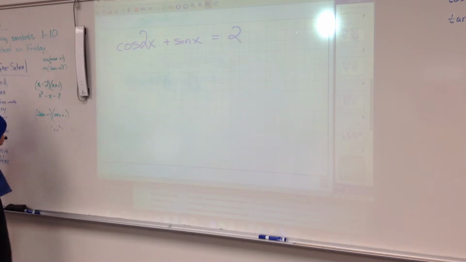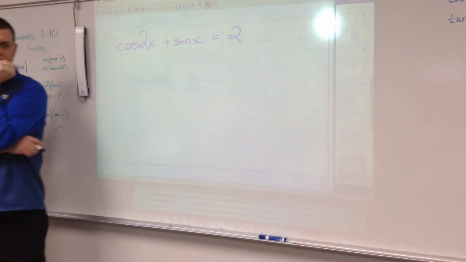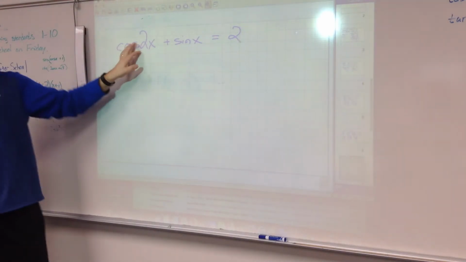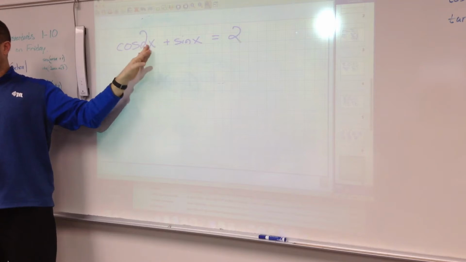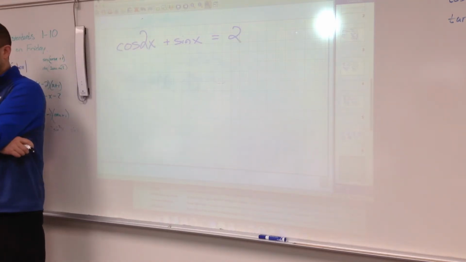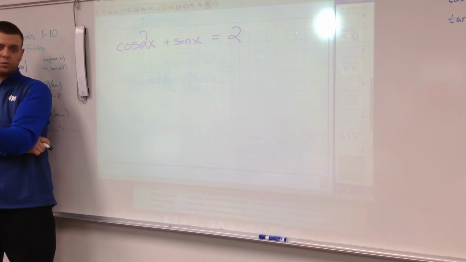This is going to be tough because I have a cosine here and a sine here. They're not the same trig value. But don't we have some identities for our double angle? There were 3 identities for the cosine of the double angle. One of them was cosine squared minus sine squared. One of them was 2 cosine squared minus 1.